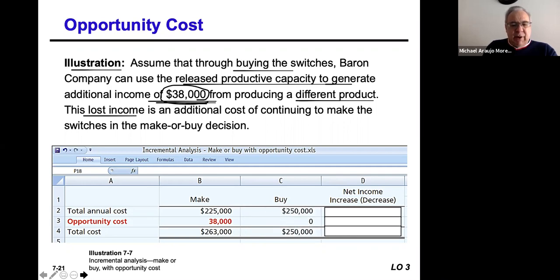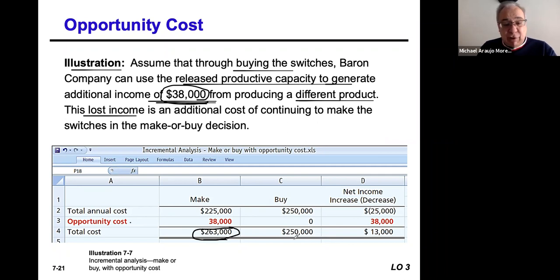In essence, if we were buying the product and not making the product, we would avoid losing 38,000 in opportunity cost, which means that actually making the product may be more expensive, not because of the cost of the switch, but because of the opportunity cost involved, that we can use that excess capacity to generate something different.